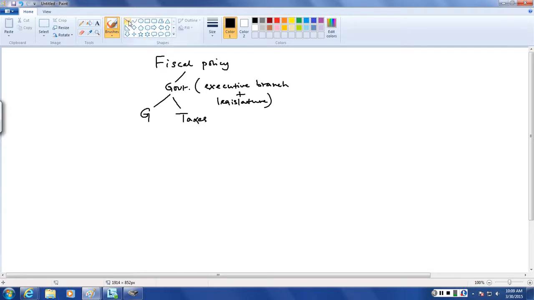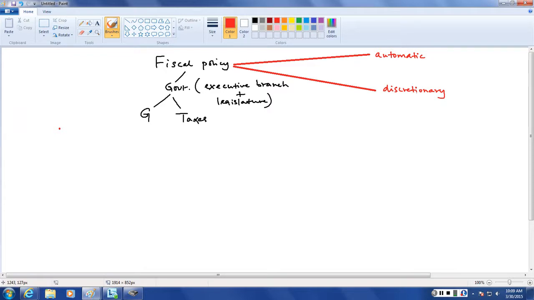And these two types of fiscal policy are automatic fiscal policy, right? And discretionary fiscal policy. So let's talk about the distinction between automatic fiscal policy and discretionary fiscal policy.